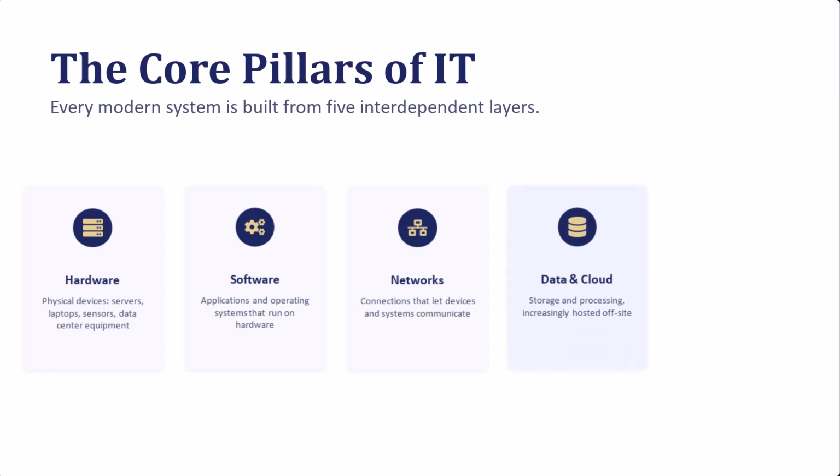Fourth, data and cloud, where information is stored and processed, increasingly hosted off-site rather than on a server down the hall. And fifth, security, the practices that protect all of the above, the systems, the data, and ultimately, the people who depend on them. These 5 pillars don't operate in isolation. They're interdependent. A weakness in one, like an unsecured network, can undermine the others, no matter how solid your hardware or software is.